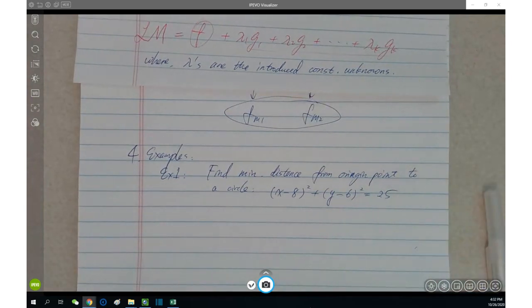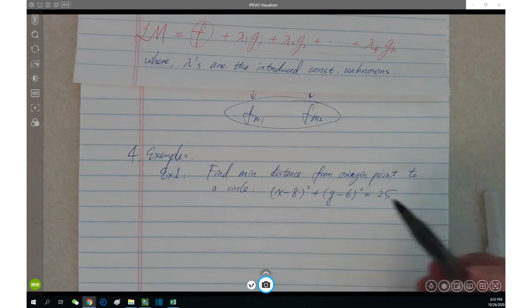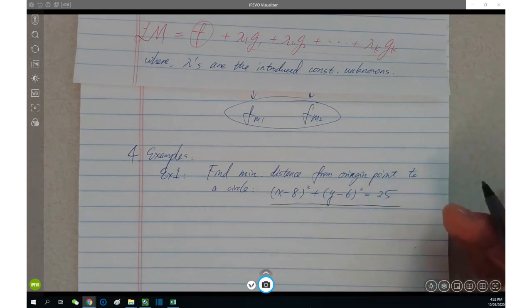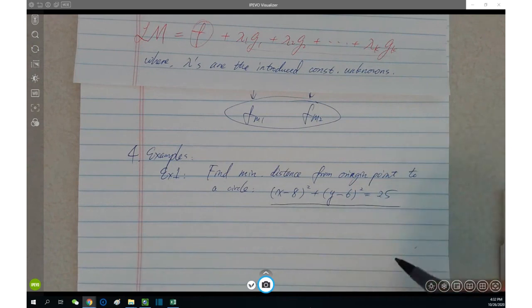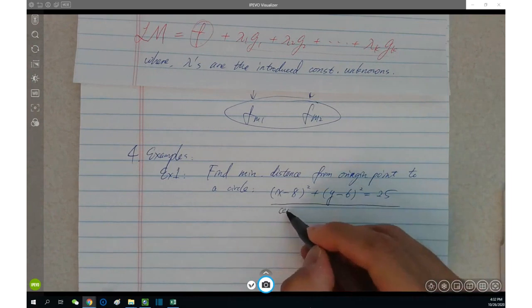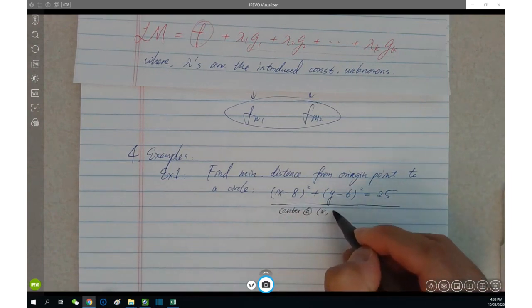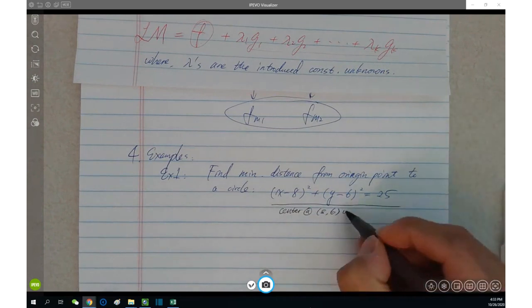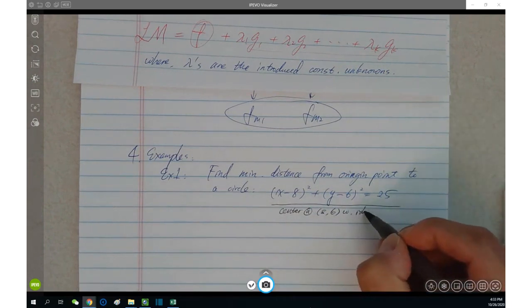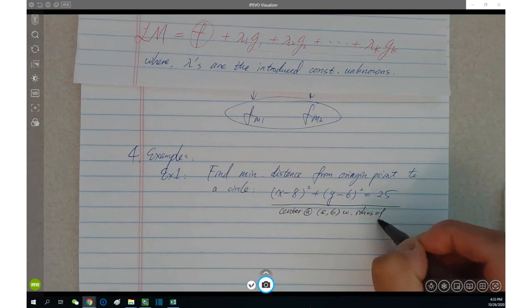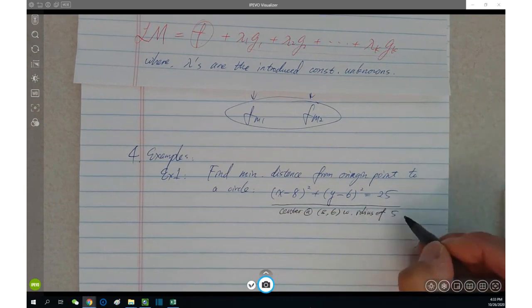You need to do a little bit of recall of the math learned before. So this is a circle, right? What do we know about it? Where's the center point coordinate? Anyone know? Center at 8, 6. Good. With a radius of what? 5. Right. This is the circle.